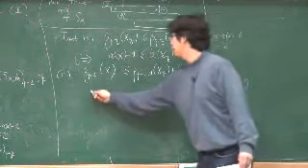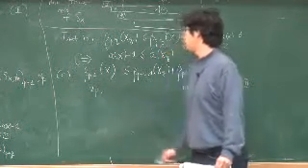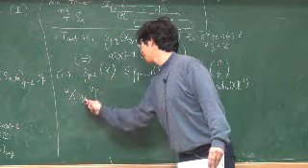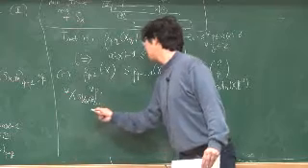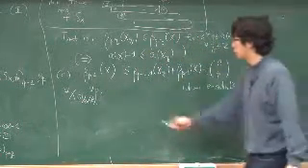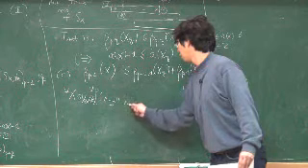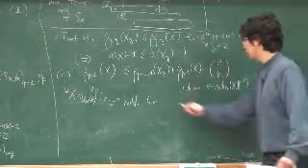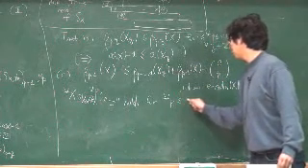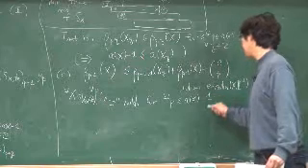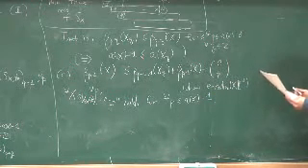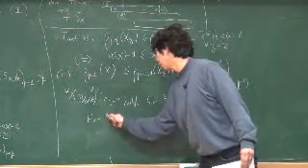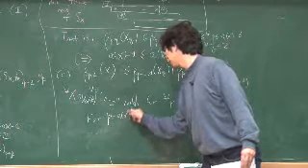This is for any variety X and any p, and the equality holds for every p less than or equal to 2A_X minus 1. And we also have a formula with equality for the case p equal to A_X.